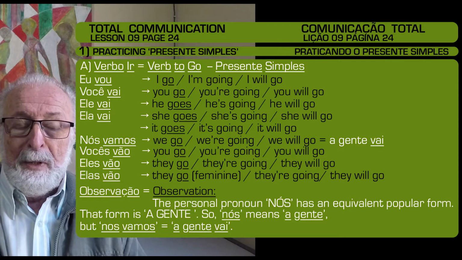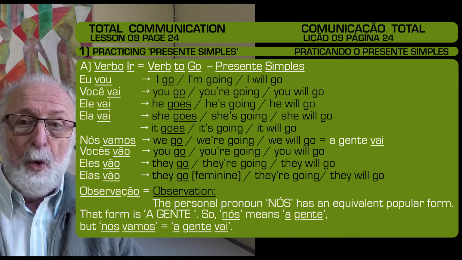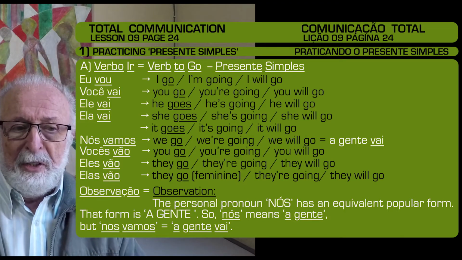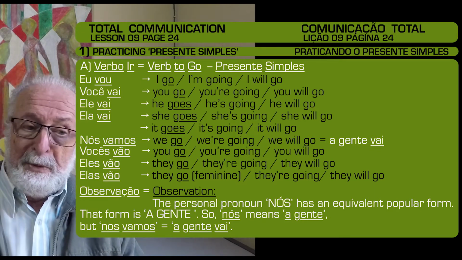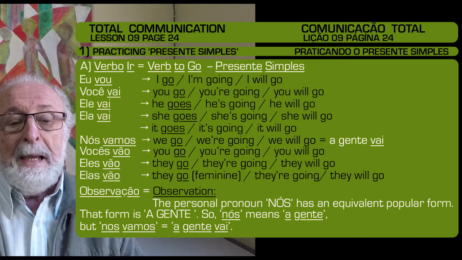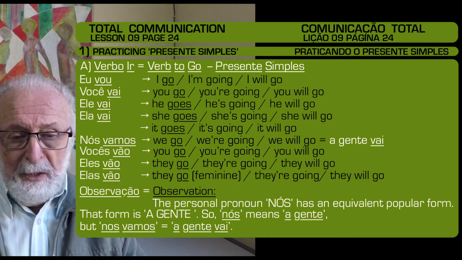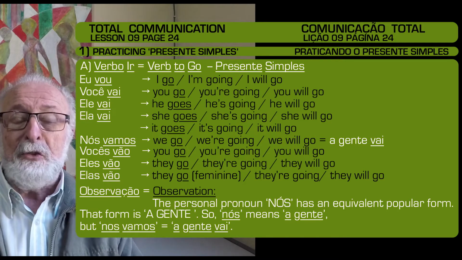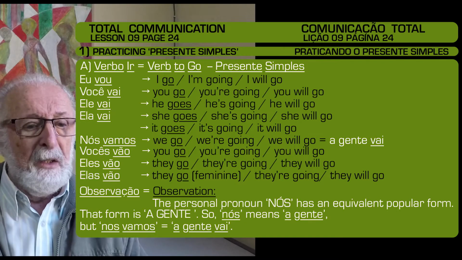We're going to see how we can replace the verb to go, which is verbo ir in Portuguese, with the simple present, the immediate future, and the simple future. You're going to see that you can use one tense in Portuguese and it represents the three verbal tenses. Okay, let's take a look.